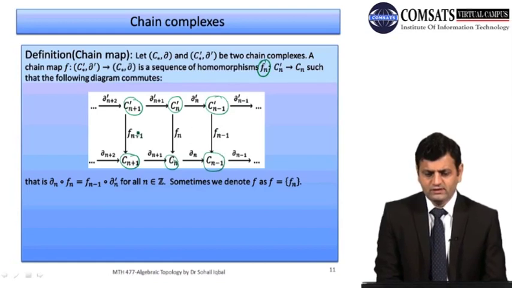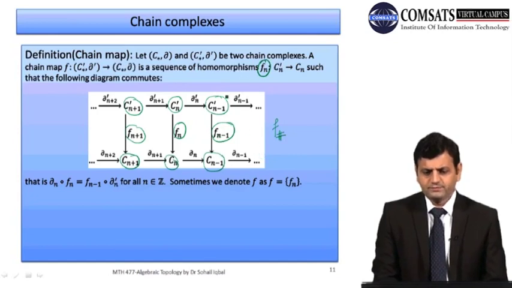So we need these maps. Between these two we need f(n+1), between these two we need fn, and between these two we need f(n-1). Sometimes we call them collectively f sharp.